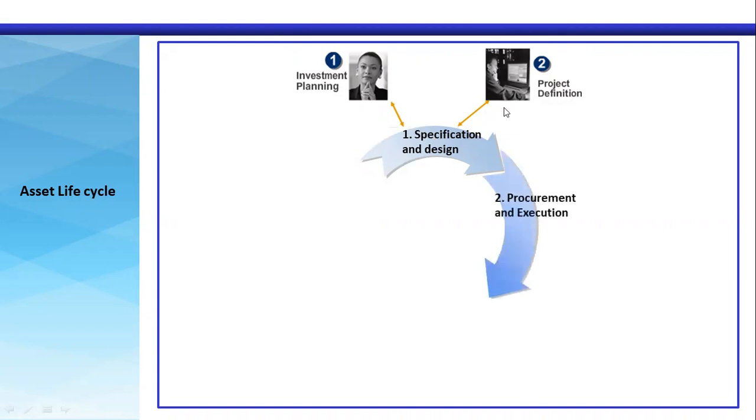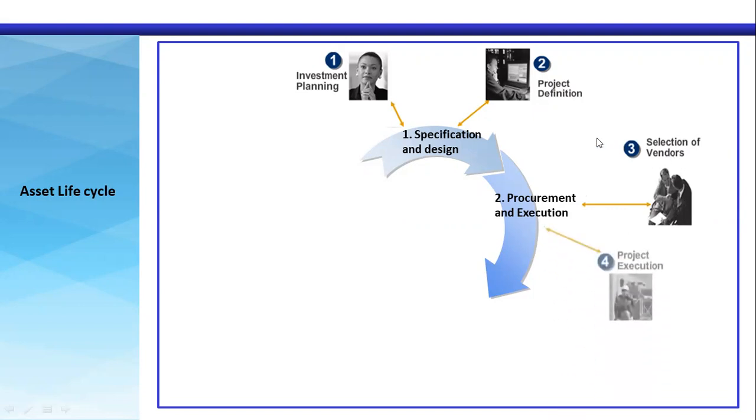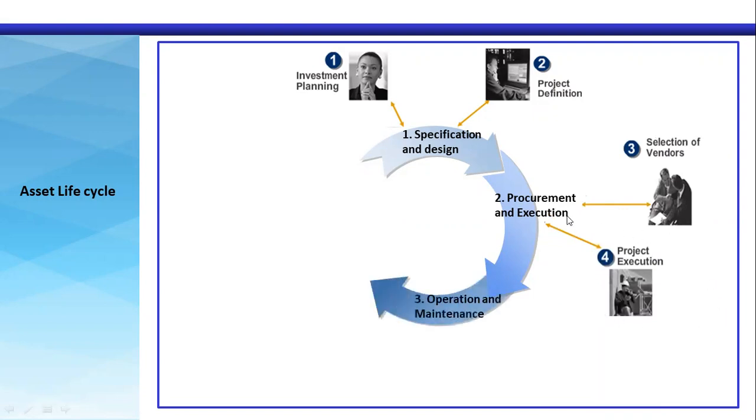The next step is procurement and execution. In this, we select the vendor: invite bids, then select the vendor. After that, award the purchase order and contract. After finalizing the vendor, we perform project execution. After that, we perform operation and maintenance.